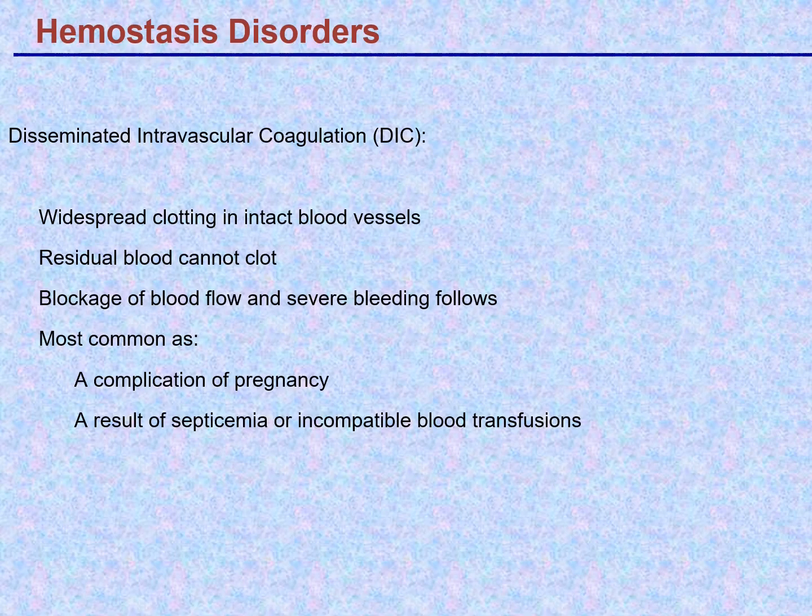One quite severe type of disorder is called disseminated intravascular coagulation, or DIC. This is a situation in which you get a sudden, widespread clotting in completely intact blood vessels all over the vasculature.